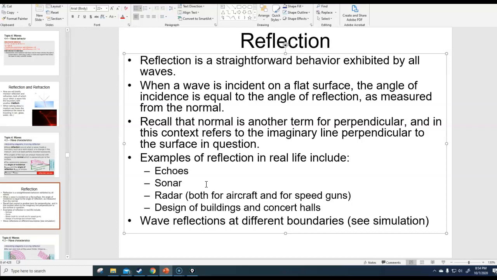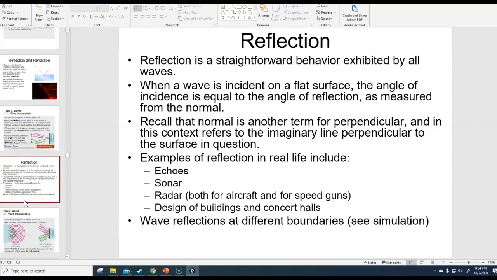And so you have to be aware of what the walls are made of, what the ceilings are made of, and whether they are angled correctly so that when sound waves reflect off of the walls and the ceilings, they reflect down to the people so they can hear them clearly, so it doesn't sound dissonant. And so there are lots of different applications of reflection in real life.